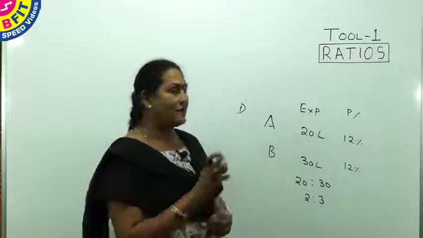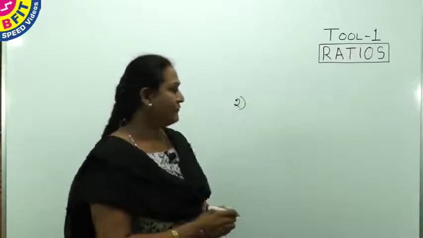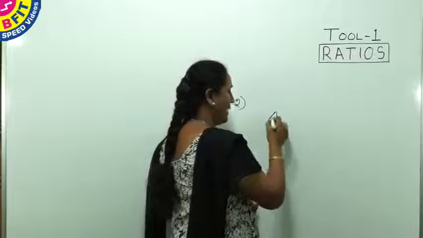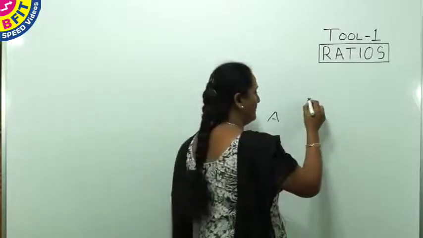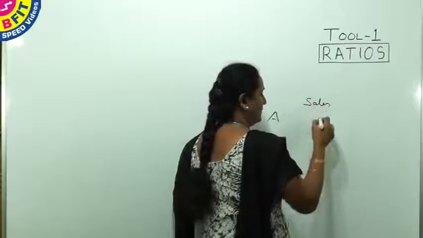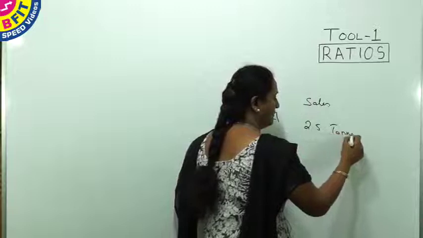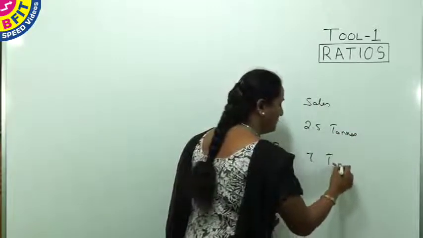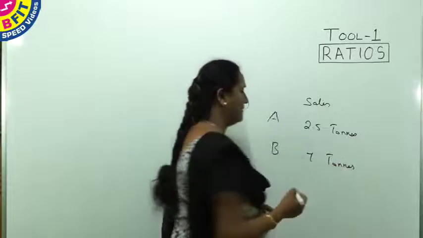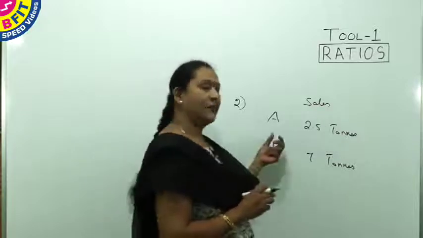We'll see the next concept. Say suppose for companies A and B, sales is given as 2.5 tons for company A and 7 tons for company B. The question is, what is the ratio of sales of company A to B?